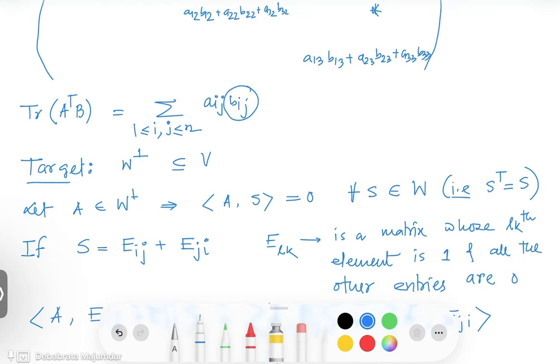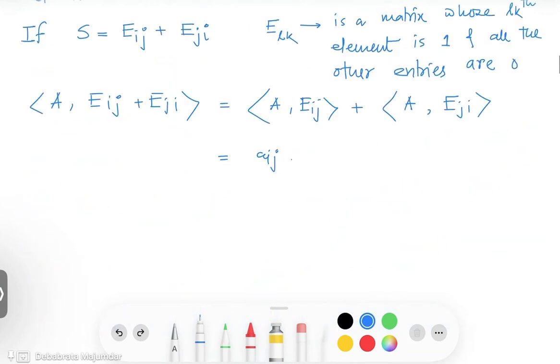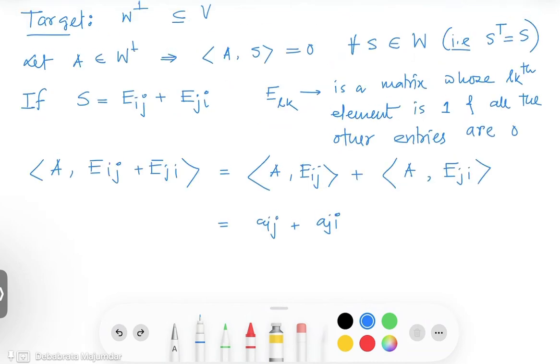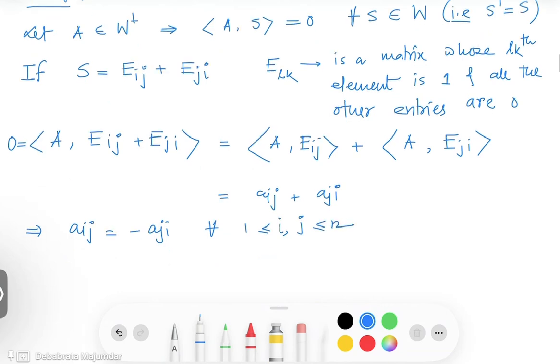So when I put Bij, the Bijth element is 1, and otherwise all these Bij's are 0, right? So similarly, I will get this thing. Since I know this is equal to 0, I have Aij equal to minus Aji, and this is true for all i, j going from 1 to n. Yeah, tell me, is it true or false?